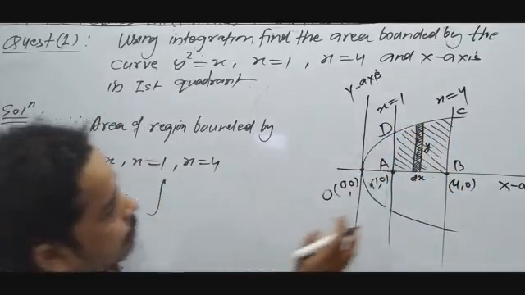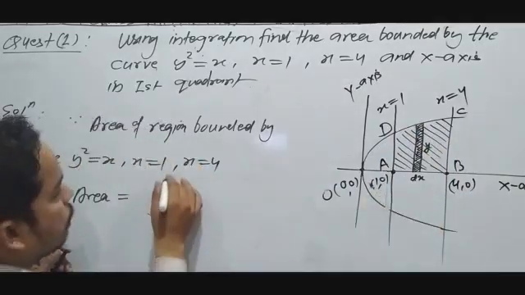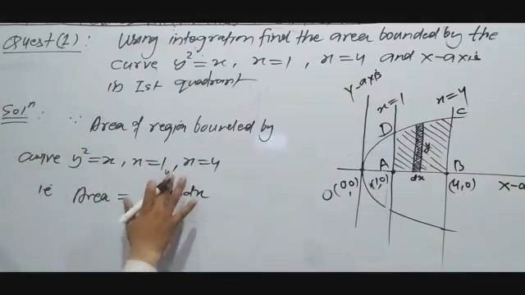Now this strip varies from x is equal to 1 to x is equal to 4, so from 1 to 4, y times dx is the area.